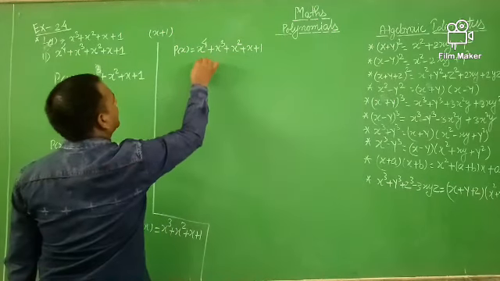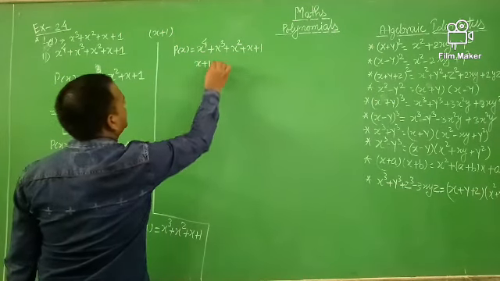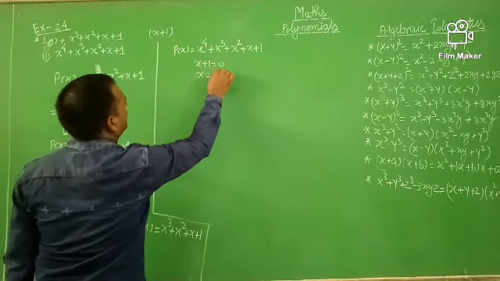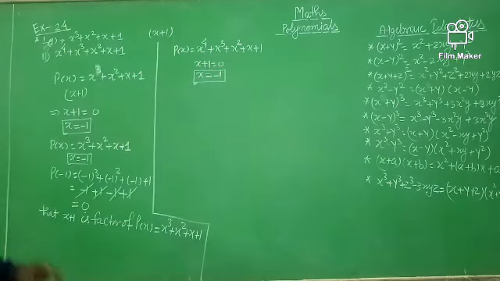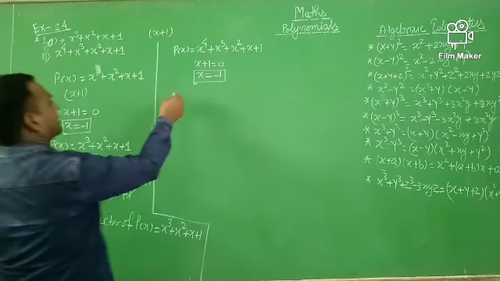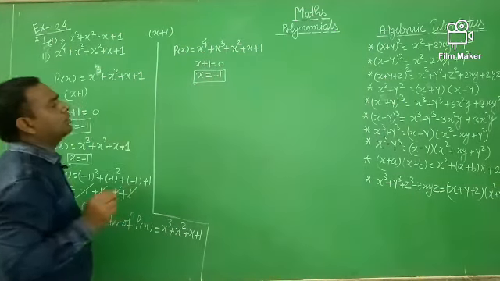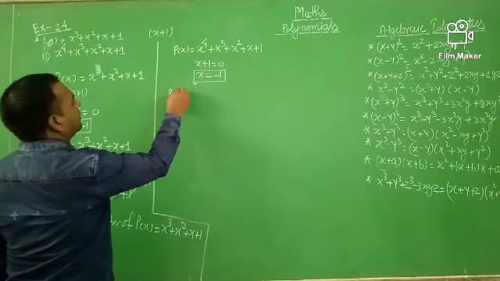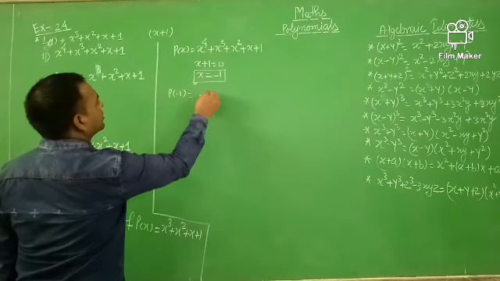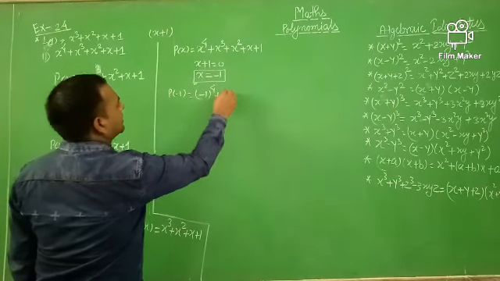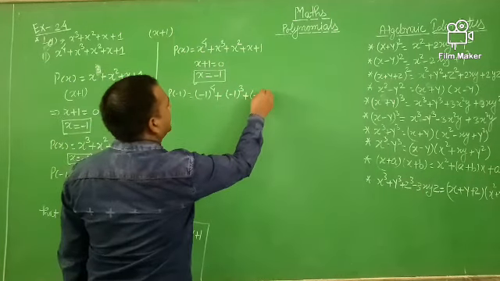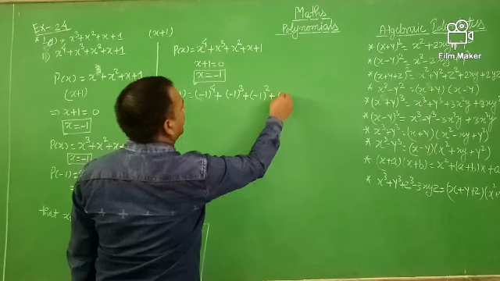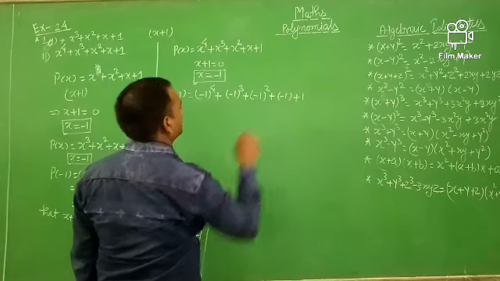Here also x plus 1 is equal to 0, so x is equal to minus 1. Similarly, in the same way we solve. Here in p(x) I put the value x is equal to minus 1. So p(minus 1) is (minus 1) to the power 4 plus (minus 1) cube plus (minus 1) square plus (minus 1) plus 1.